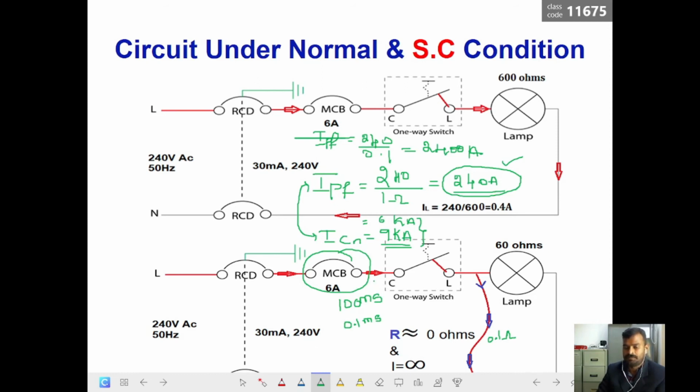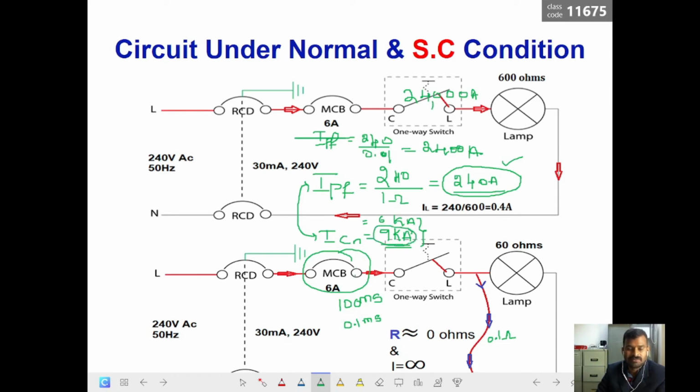Understand? If the IPF goes beyond this, say you take 0.01 ohms of resistance, what would happen now? 2400 will become 24,000 amperes. So in this case, 24,000 amperes is greater than 9 kilo amperes.